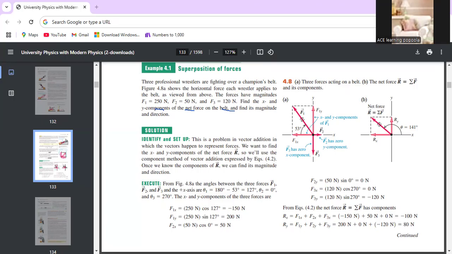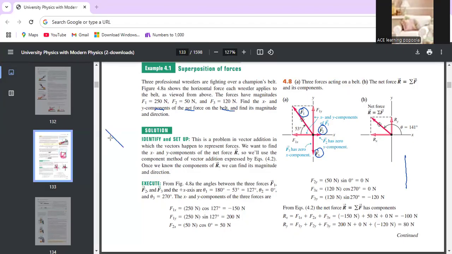Now the three forces that we need to resolve, from the wrestlers, are F1, F2, and F3. So basically we have something like this. No, let me try to do a clearer drawing.